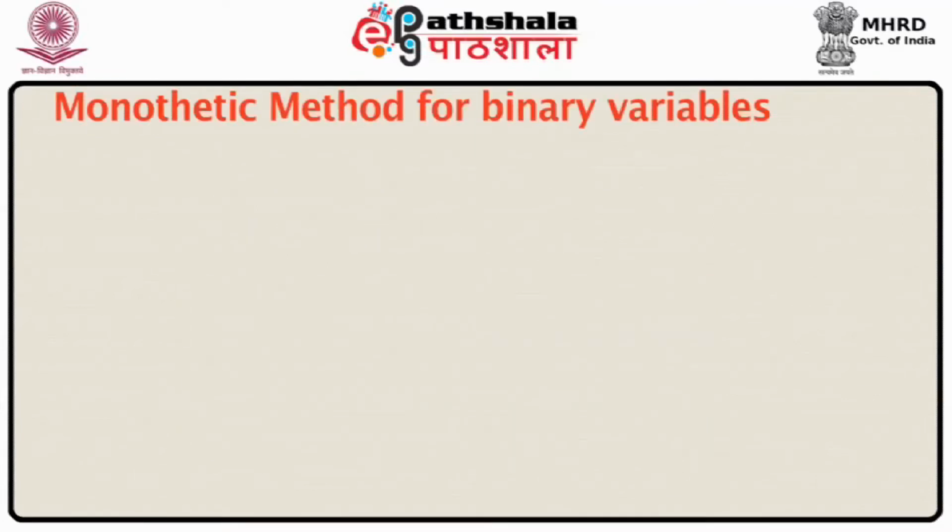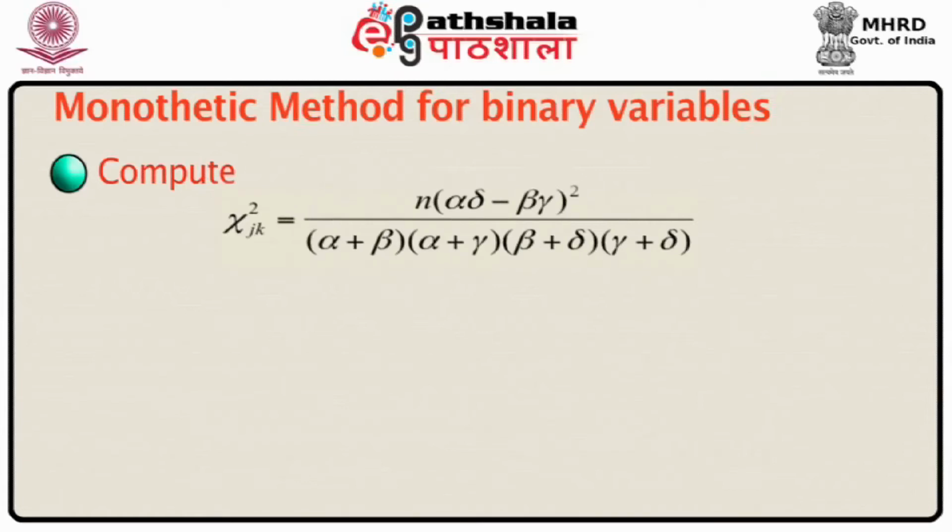Based on this table, we next compute what is referred to as a chi-square. This is a chi-square computed on the 2 variables j and k. The numerator gives us n times (alpha delta minus beta gamma) squared, and the denominator is basically the product of the 4 marginals.